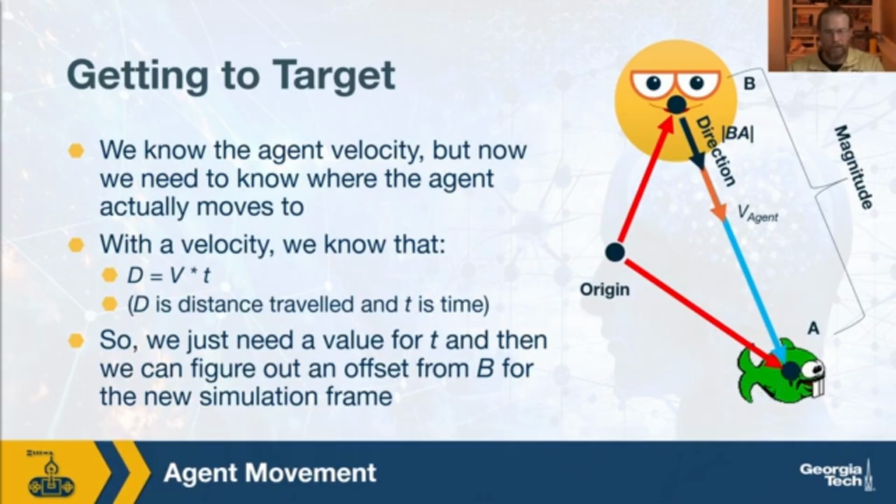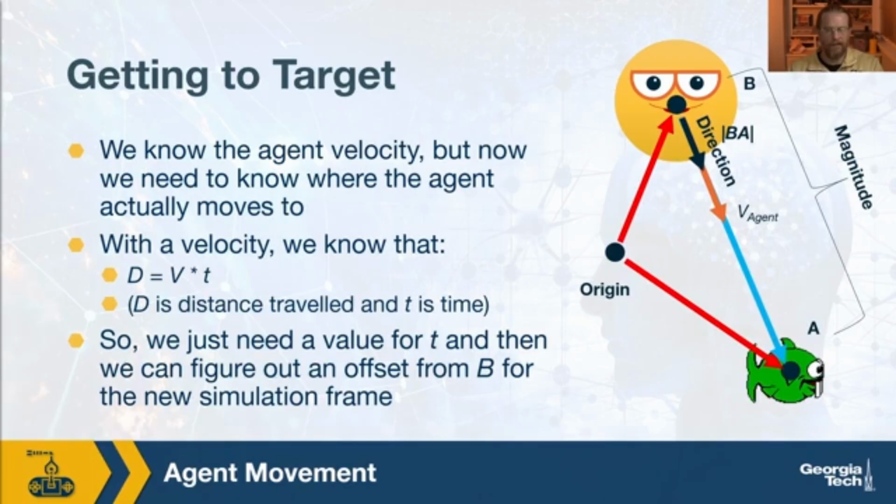All right, so at this point, when we've got the normalized direction unit vector multiplied by the speed, we have this agent velocity. If we're going to perform our update during our game loop, we need to actually come up with a new location, a new position vector for the agent, and then assign that value. So we'll refer again to our high school level particle dynamics, and we can use the equation distance equals velocity times time.